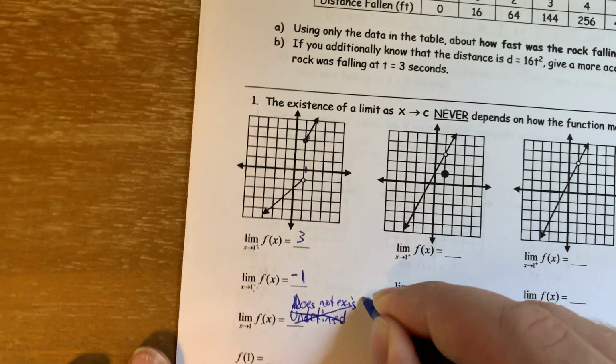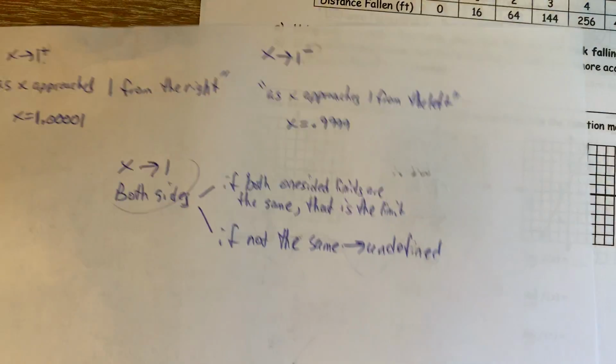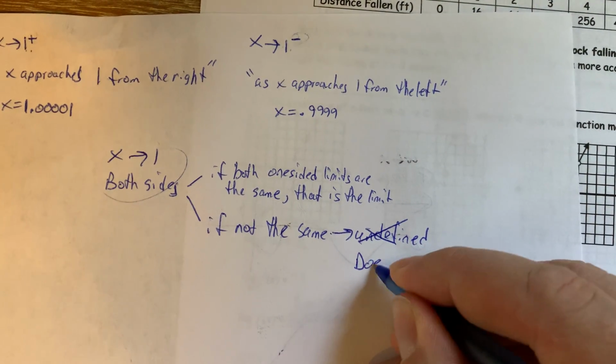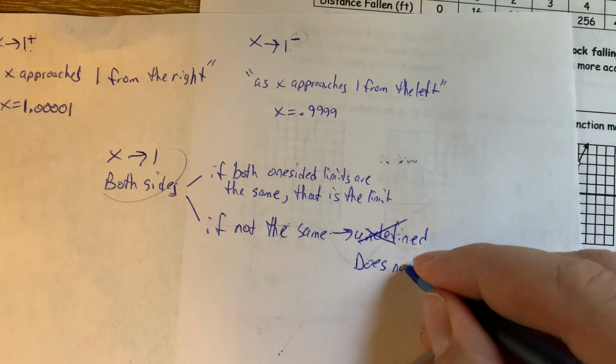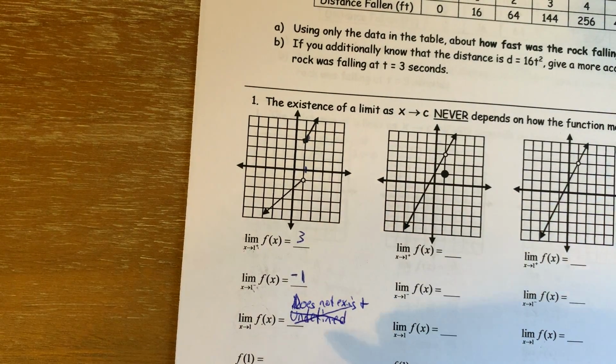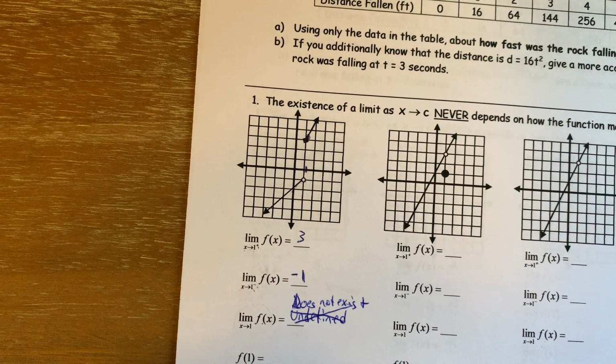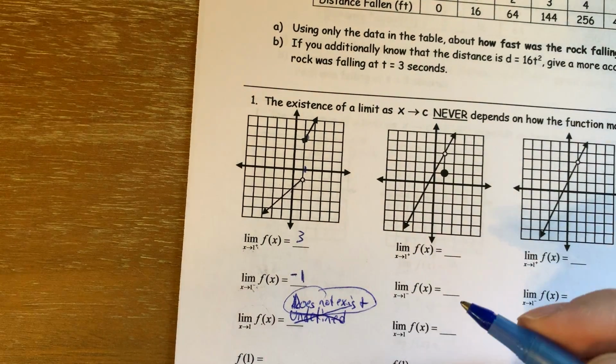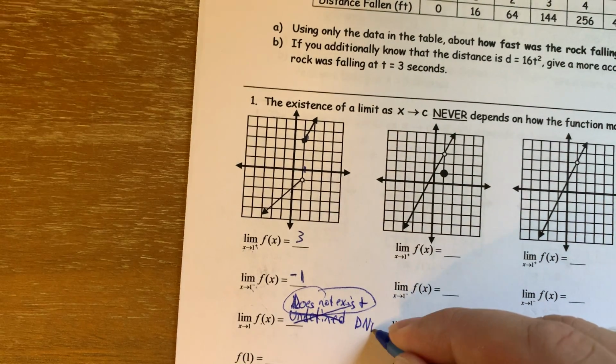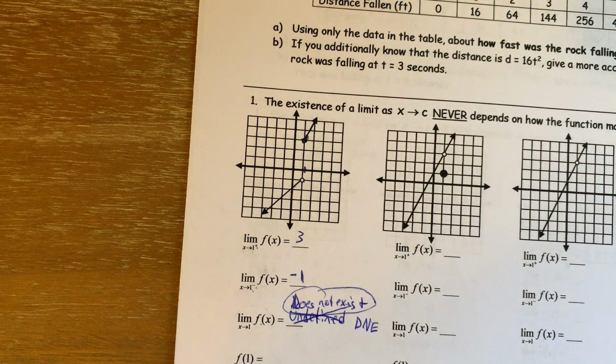A function value is undefined. A limit does not exist. I really apologize. Does not exist. All right, so I'll be making that distinction. When the limits are different or they don't approach a single value, we say they do not exist. Sometimes we'll write D and E for that, and that's fine. The limit does not exist.